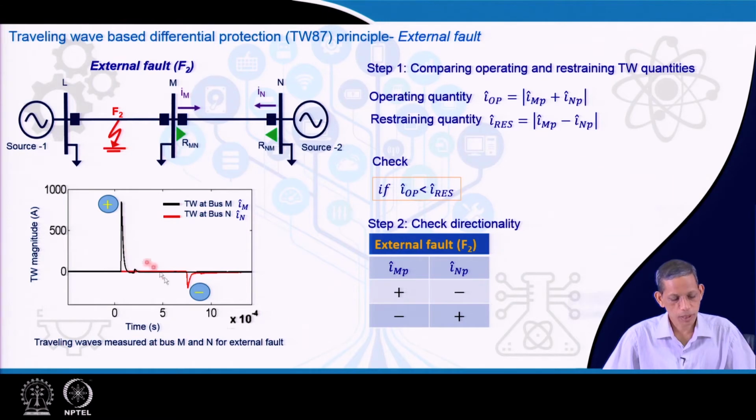So, when you do this minus this that will be added, and when you make this plus this that will be lesser. Therefore, you can say that I operating becomes less than I restraining for the external fault case, as evident from the wave also. And from the security check perspective, as you did for the internal fault case, for external fault case what we see here is that the positive peak is positive and the other one negative.